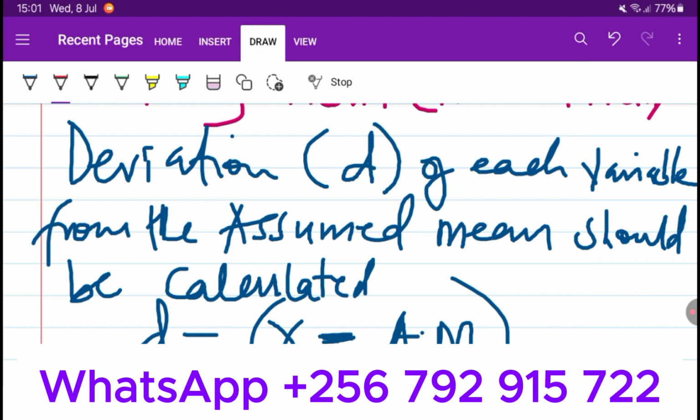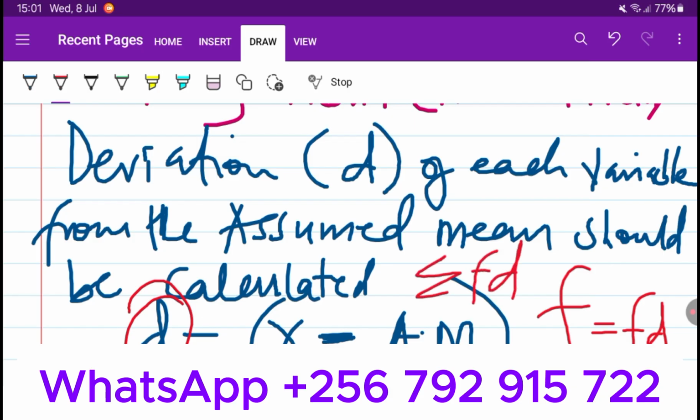And once you have multiplied the deviation d with the corresponding frequency f, you will get what we call fd. Once you get the fd, you calculate the summation fd, and the formula will be the assumed mean that we have plus summation fd over summation f.